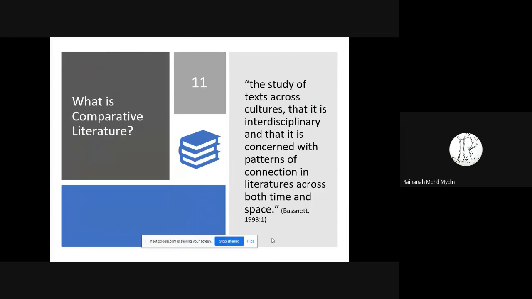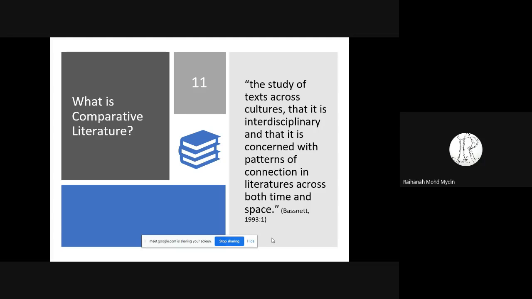So, to sum the whole discussion up, this is how Bassnett defines comparative literature in her 1993 book on comparative literature: the study of text across cultures, that it is interdisciplinary and that it is concerned with patterns of connection in literature across both time and space.